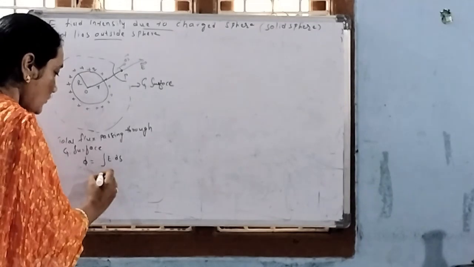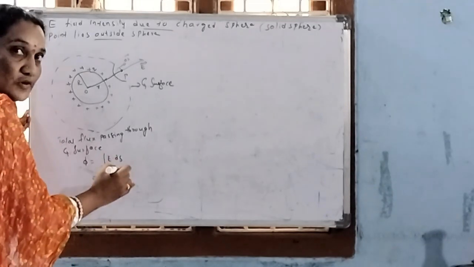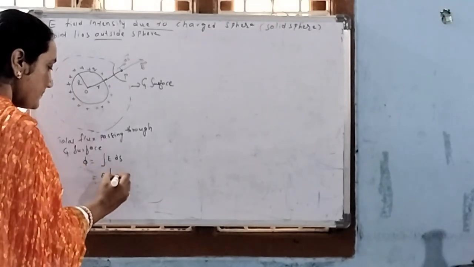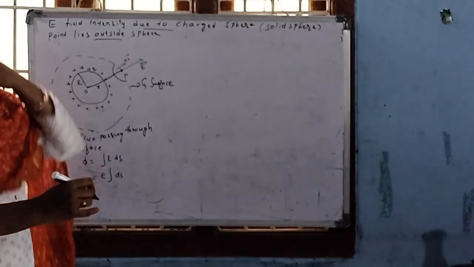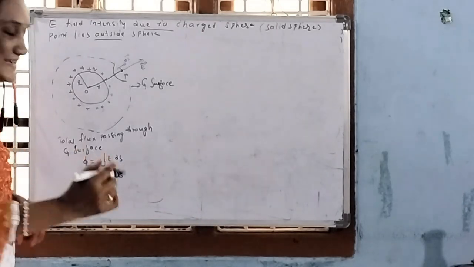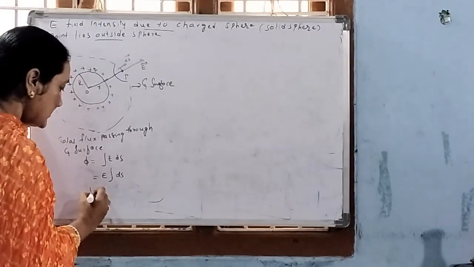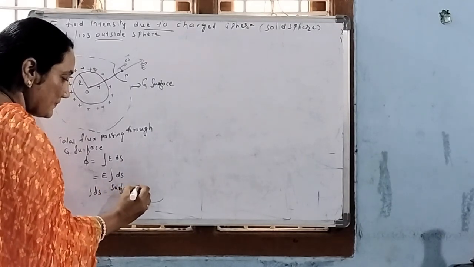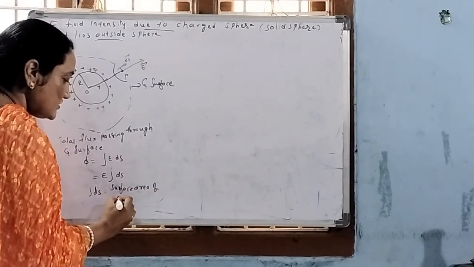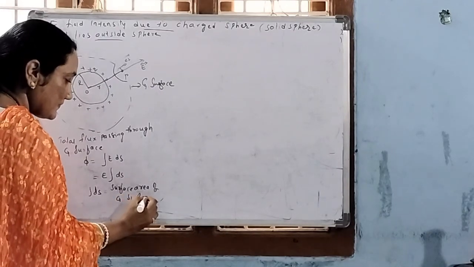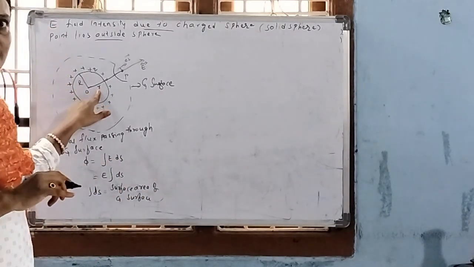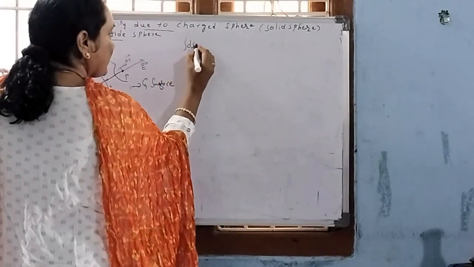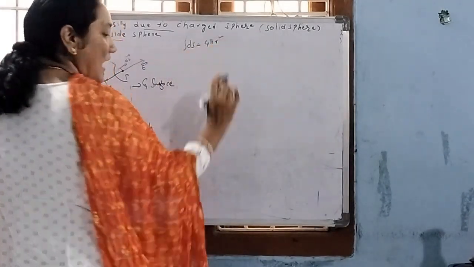So, I am writing E outside of the integration symbol, because we do not integrate a constant; we write it as it is. Now the integration is only for ds. Integral ds is the surface area of the Gaussian surface. Small r is the radius of the Gaussian surface, so the surface area becomes 4 pi r square.